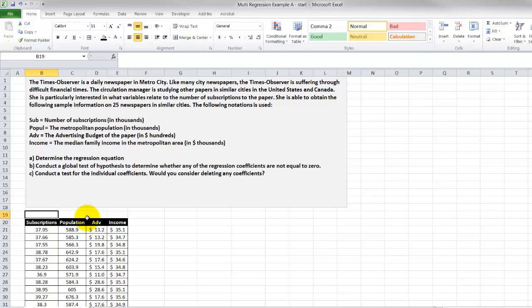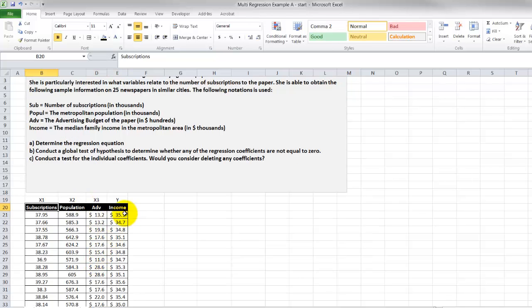Well, in this particular case, we have several. We have X1, X2, and X3. Income will be our dependent variable. So we have subscriptions that are going to affect the income. We have population that's going to affect the income, and advertising dollars is going to affect the income.